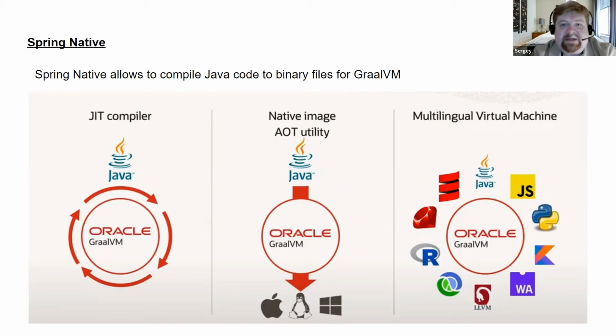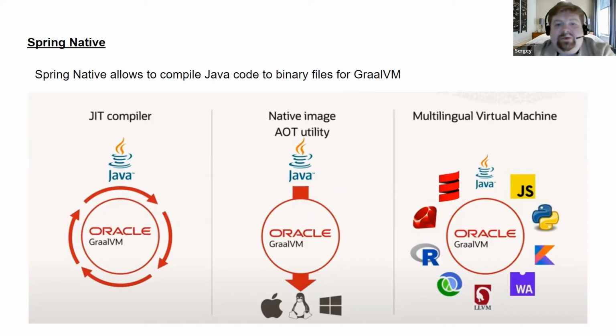So as I said, Spring Native allows you to compile Java code to binary files for GraalVM. GraalVM is based on JIT compile, just-in-time compile, and that is optimized for increasing performance and so on.